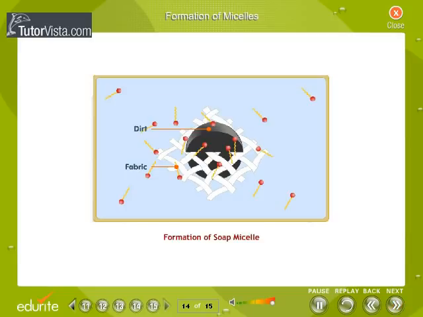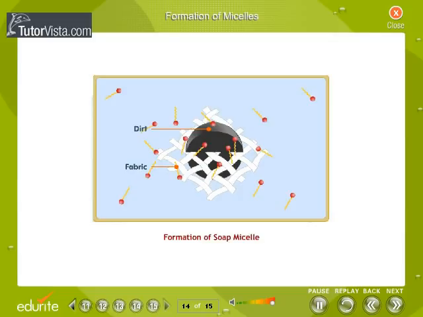Formation of micelles. The organic part of a natural soap is a negatively charged polar molecule. Its hydrophilic carboxylate group interacts with water molecules via ion-dipole interactions and hydrogen bonding. The hydrophobic part of a soap molecule, its long, non-polar hydrocarbon chain, does not interact with water molecules.